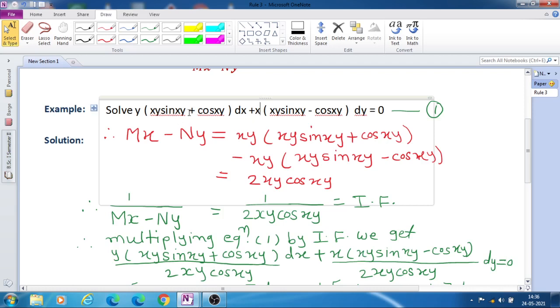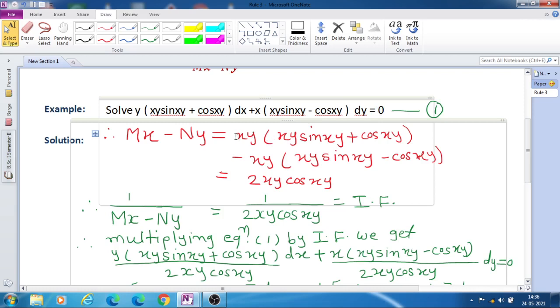Here, similar to sin x, here is sin xy. This is called a function of xy. Plus x into f2 of xy, another function of xy. Here also xy sin xy minus cos xy is a function of xy. So this is in that form y into f1 of xy dx plus x into f2 of xy dy is equal to 0.